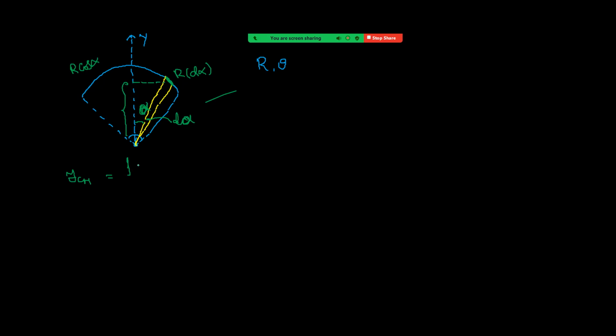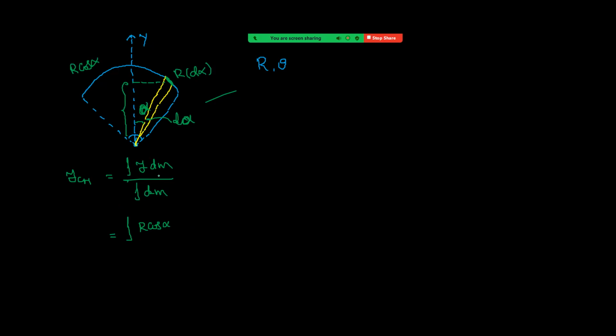YCM is equal to integration of y dm upon integration of dm. For this point mass, the y coordinate is r cos alpha, so writing here in the place of y, it is r cos alpha.